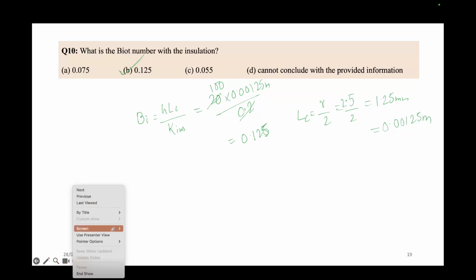So there is a skin, and in this skin I am just showing how the heat transfer coefficient is defined.